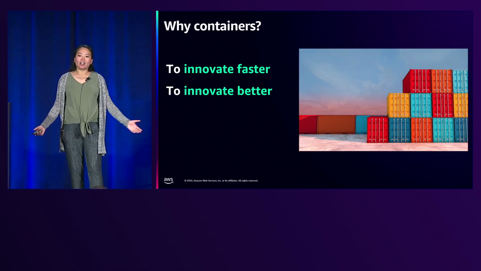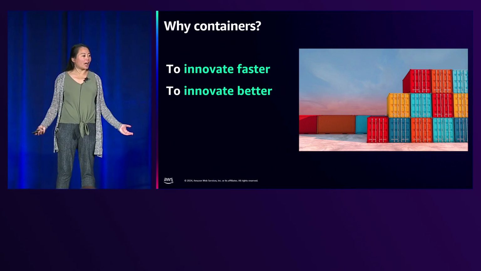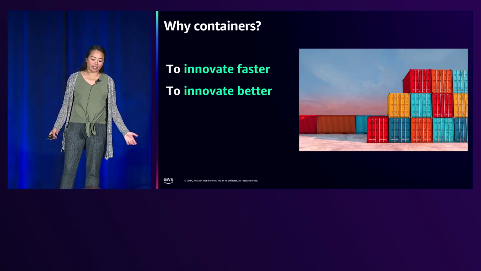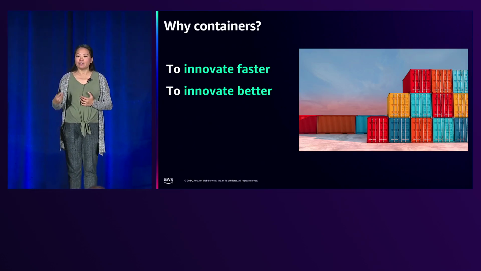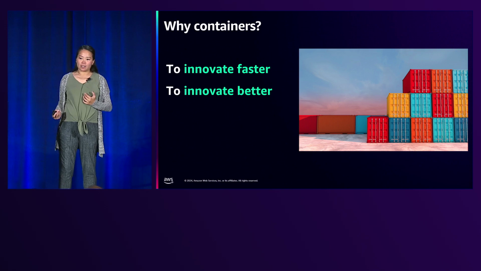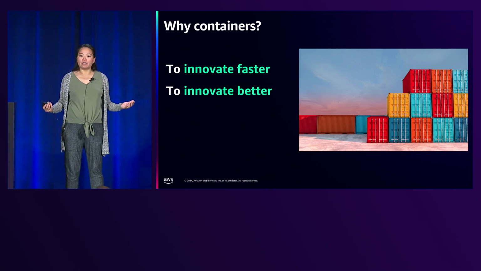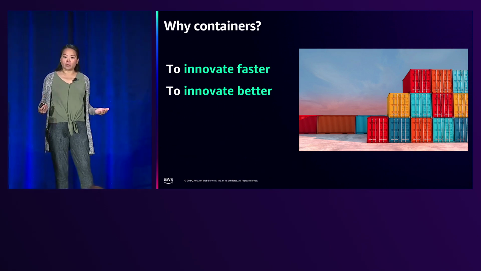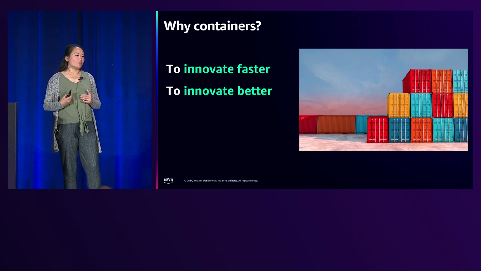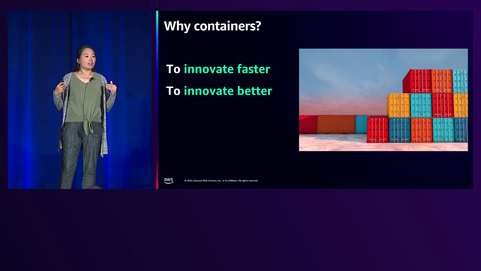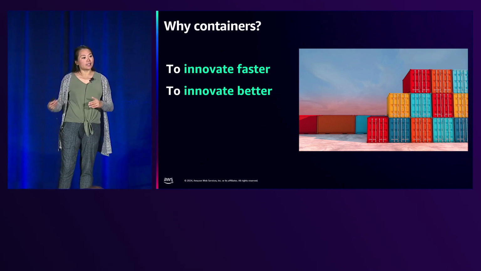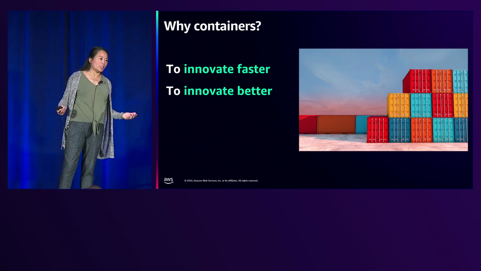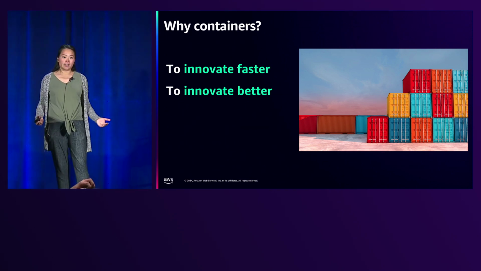So let's start with some foundations of why ECS, why containers, right? Containers really help our customers to innovate faster, to innovate better. How is that achievable? Well, containers are portable. All your application packages are in a single container when you're building that, as well as it's consistent because all the containers run in the same OS.